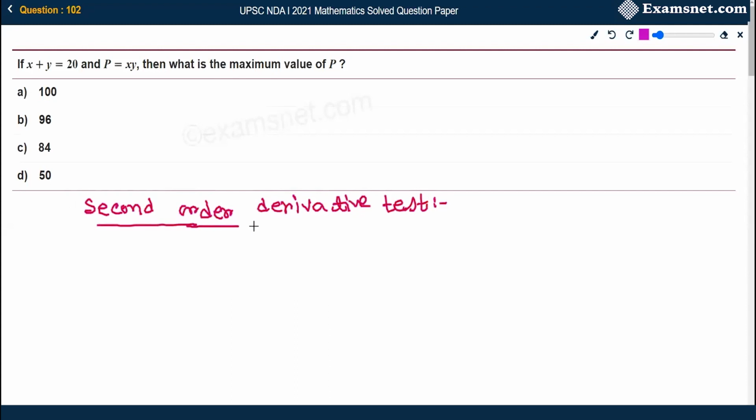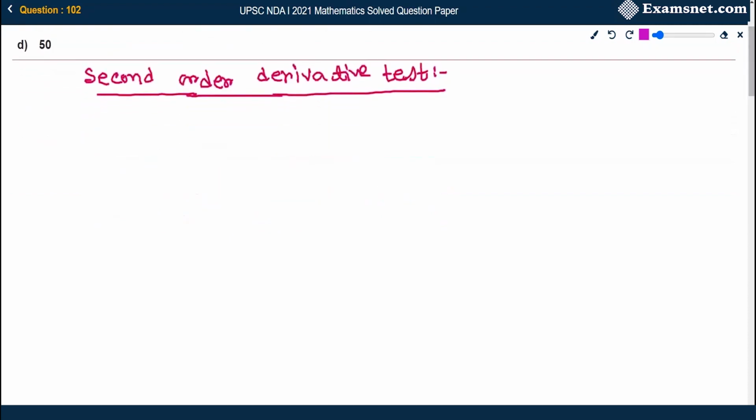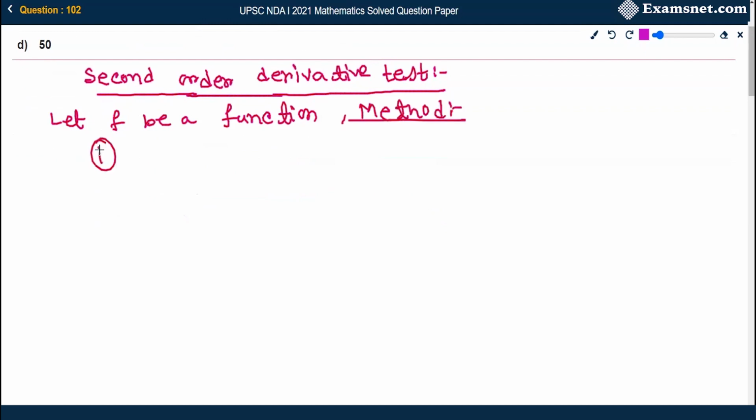I will first discuss all the steps of this method. Let f be a function defined on an interval I. The method: first step, calculate f dash x.